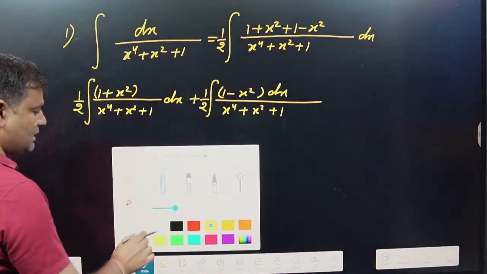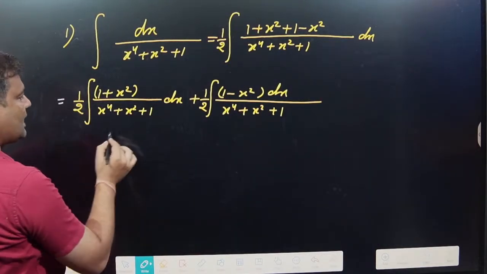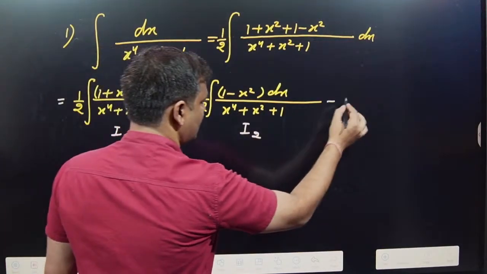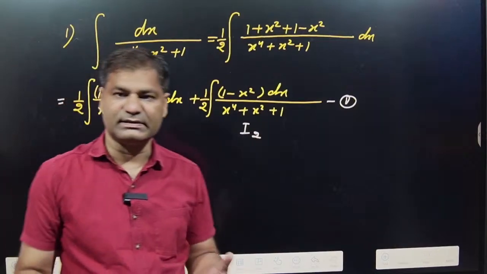Now consider this one I1 and this one I2. You can solve individually. After that, put these two values here in equation number 1 and then find the answer.